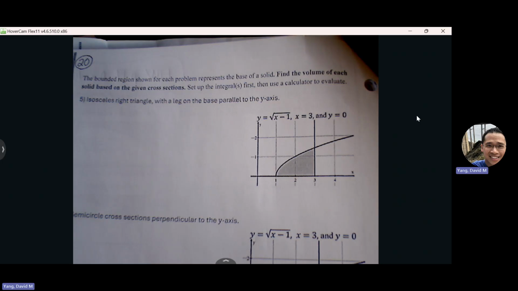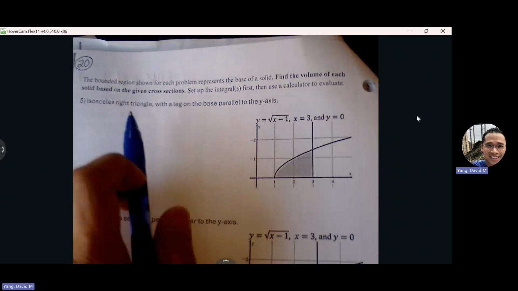It could be a triangle, a semicircle, or a square. We don't have to worry about what these objects look like. We just have to gather enough data and put it into the formula and identify the volume.